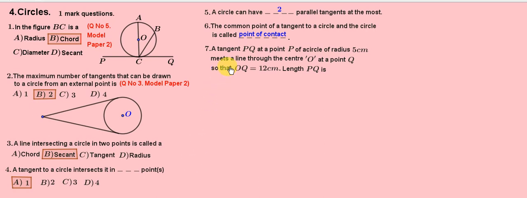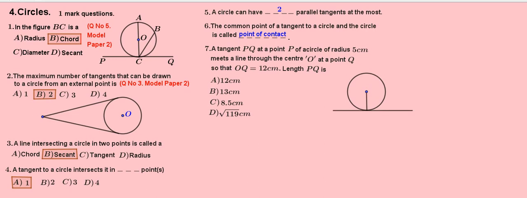A tangent PQ at a point P of a circle of radius 5 cm meets a line through the center O at a point Q so that OQ equal to 12 cm. The length PQ is option A 12 cm, option B 13 cm, option C 8.5 cm, option D root of 119 cm.